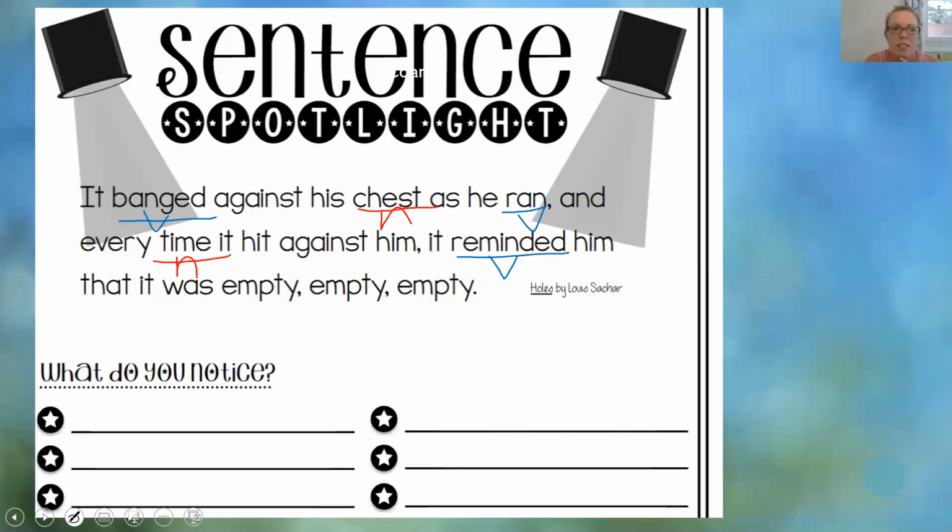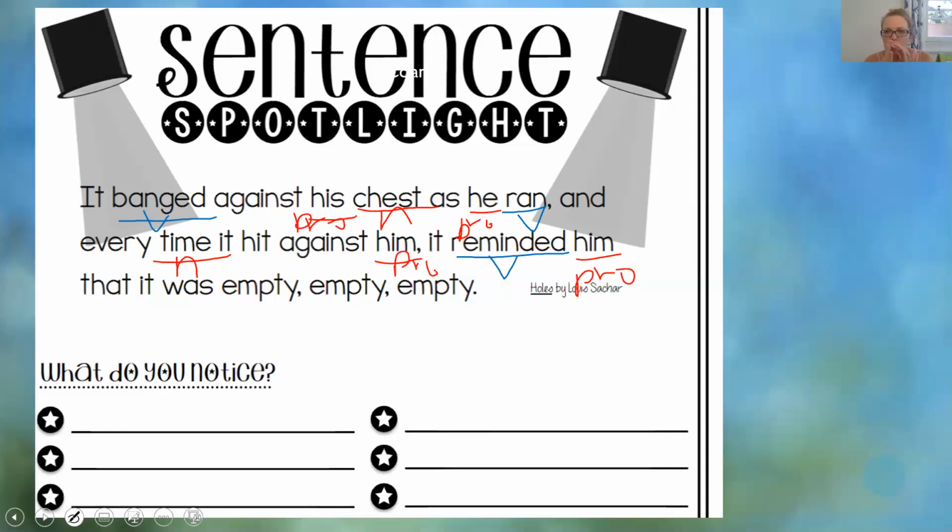There's some pronouns in here. If you remember, pronouns take the place of naming the noun. So in this case, his is a pronoun. He is a pronoun. Him is a pronoun. Two hims. There's another set of pronouns in here.